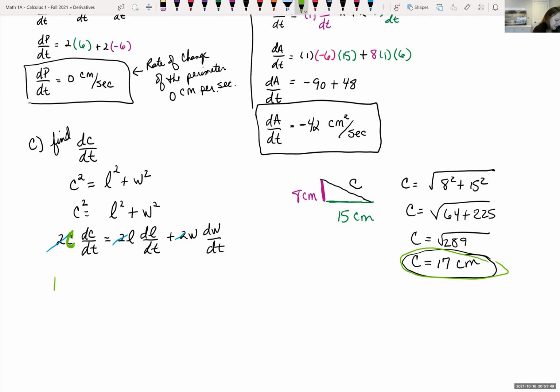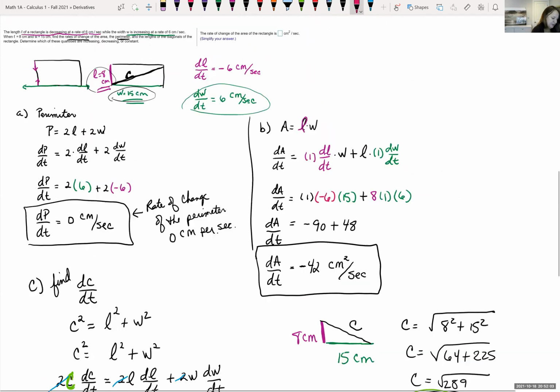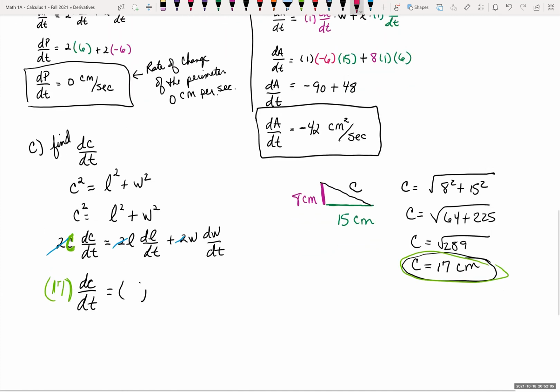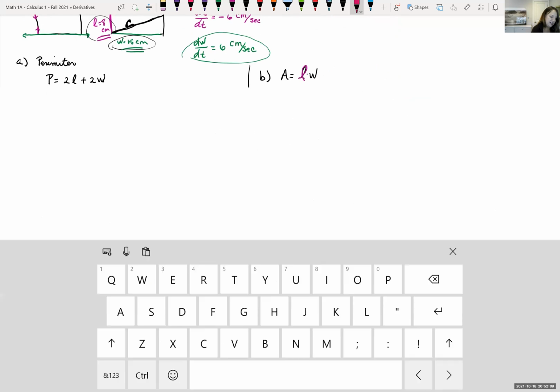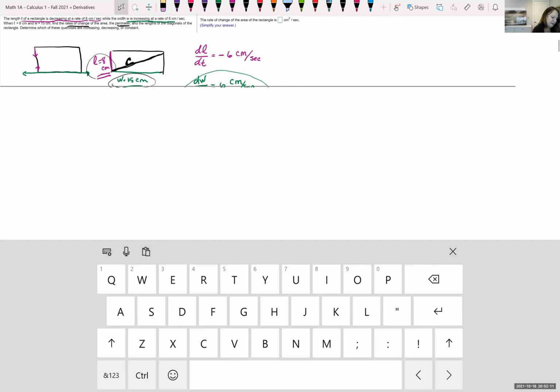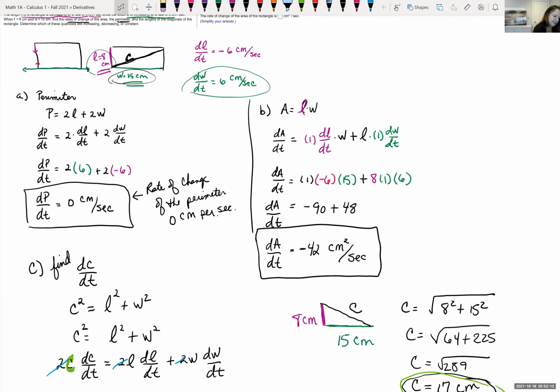c, I'm just going to put it in, is 17. I'm trying to solve for dc/dt is equal to my length. My length in this case was 8. Just want to make sure. Times dL/dt, that rate of change of my length. That one was negative 6.